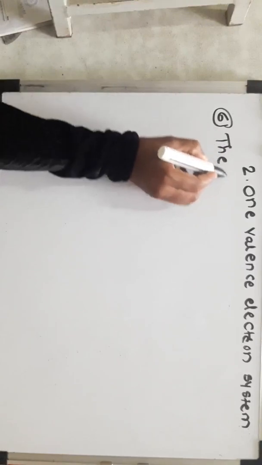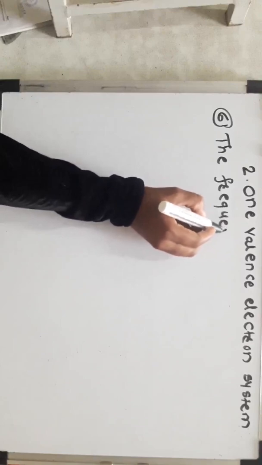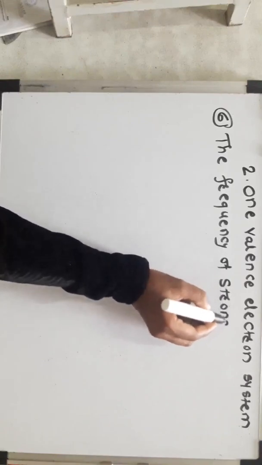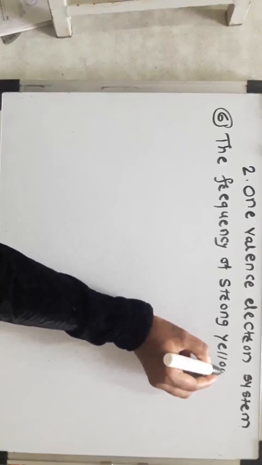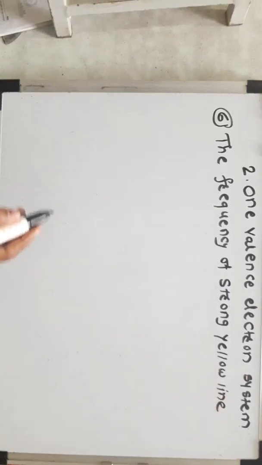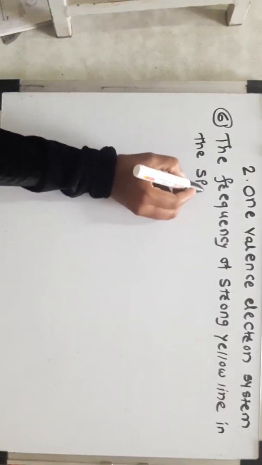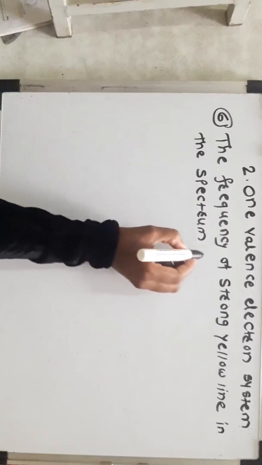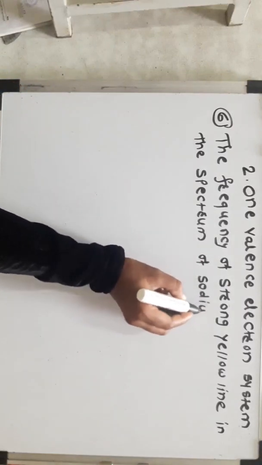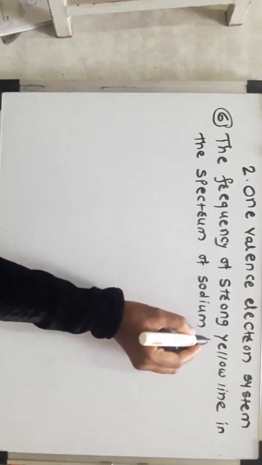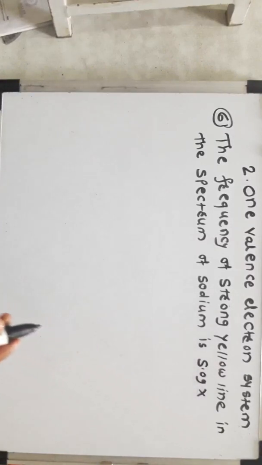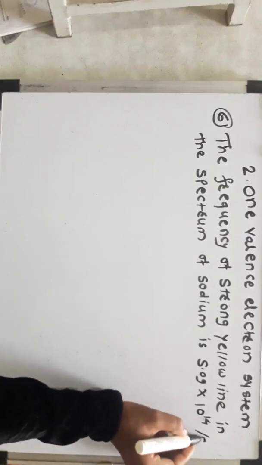The frequency of the strong yellow line in the spectrum of sodium is 5.09 into 10 raised to 14 per second.